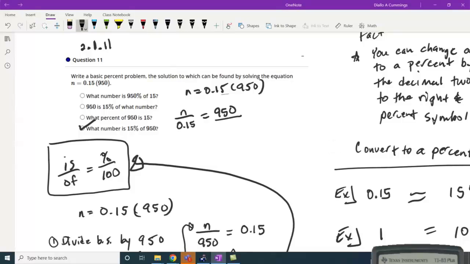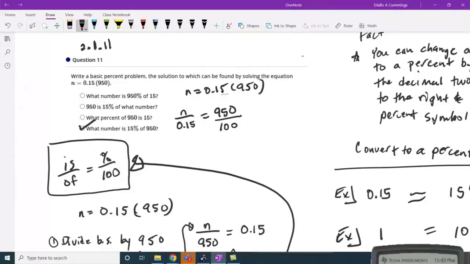If I put 950 over 100, would that be a legitimate setup? Not really, because we have a fraction, and within that fraction a decimal, which is another fraction.